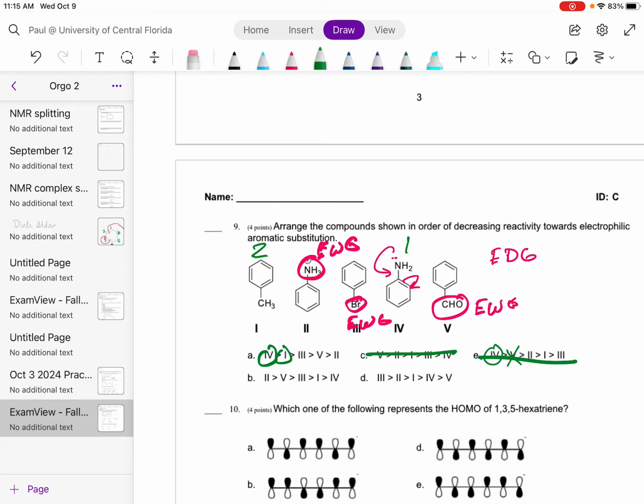That one's just completely out. That one's out, and that one's out. So by process of elimination, just knowing those first two, you got the right answer. Okay. But if we talk about it, we know that halogens are not the strongest electron withdrawing groups. So that makes sense. And then this positive charge withdraws the electron density the most.